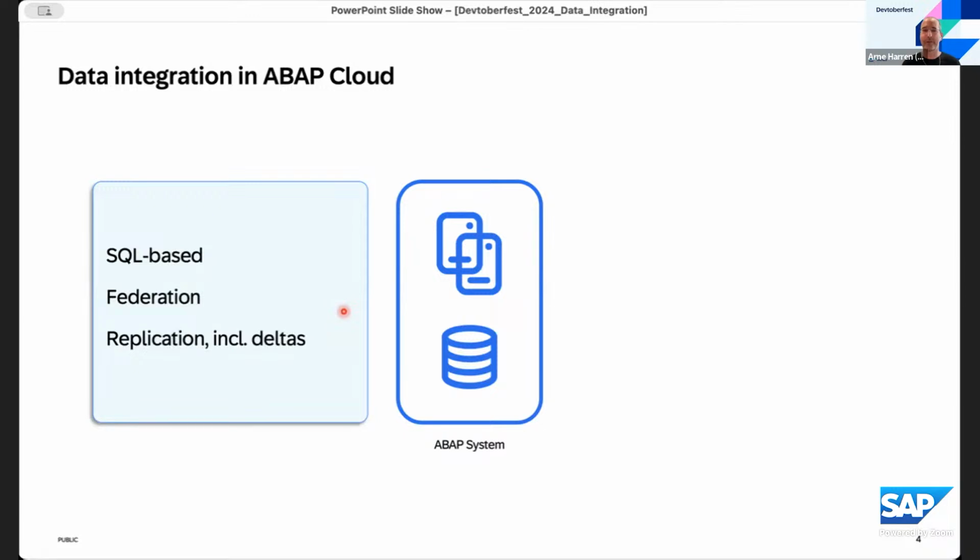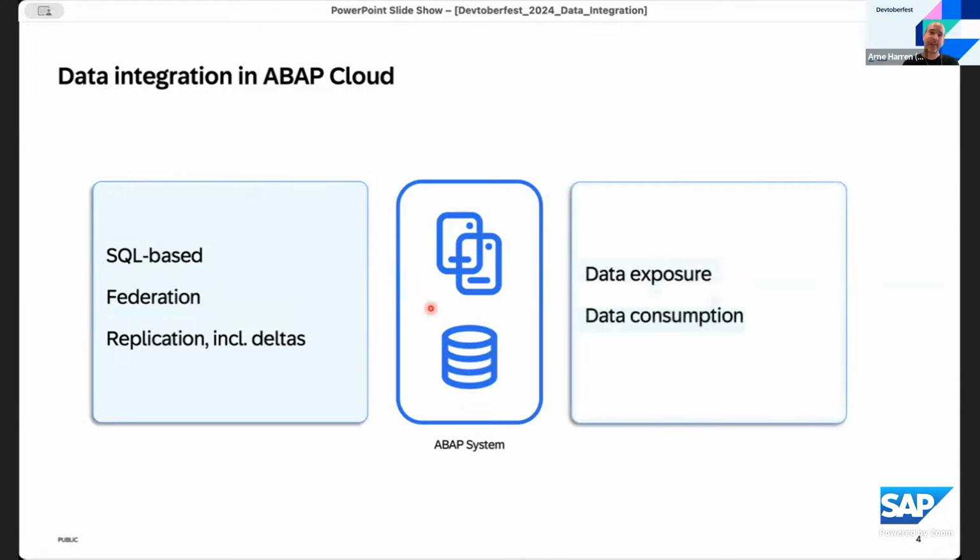With data federation, we want to have live access from the ABAP system, for example, to another database, like an SAP HANA Cloud database. And with data replication, we want to get data from one system to the other, replicated, including only shipping the delta, the changes that were made to the objects. And that, of course, reliably, so we really get all the changes.